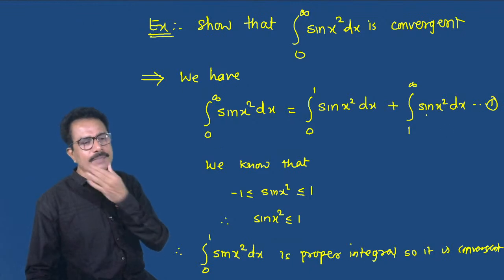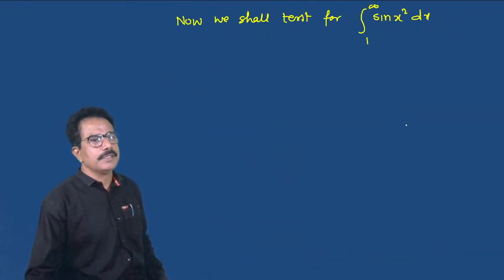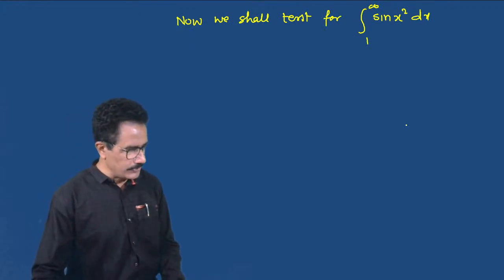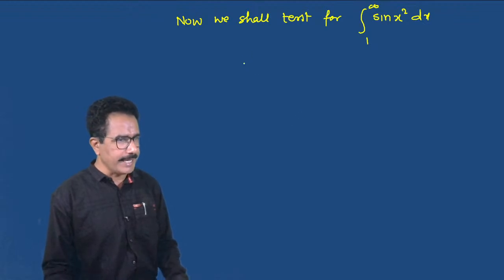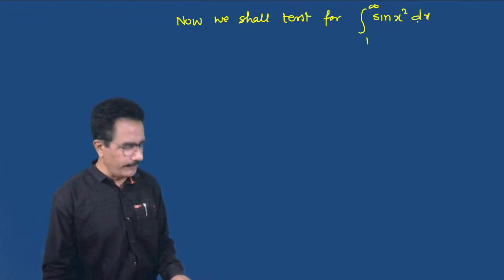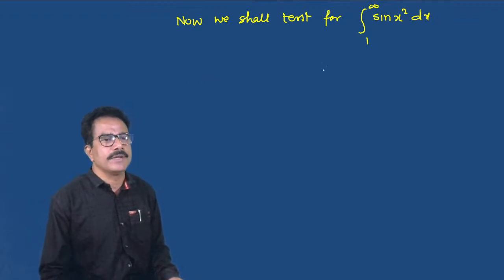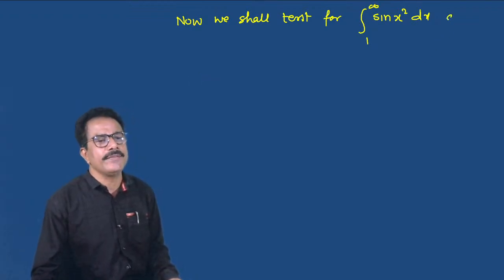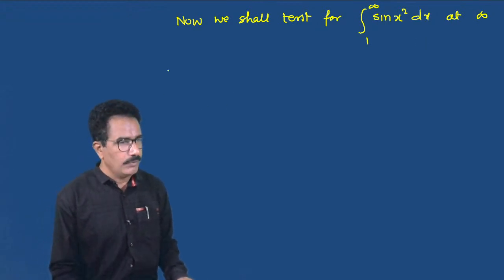Now this second part, we have to test this second part. Let us look at the second part. Now integral from 1 to infinity sin of x square dx. Now we have to test at infinity.